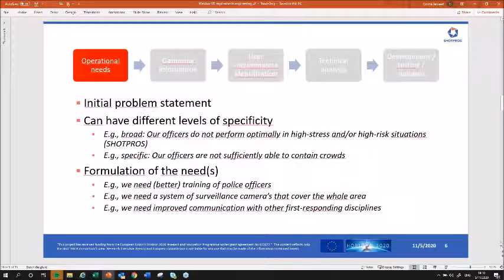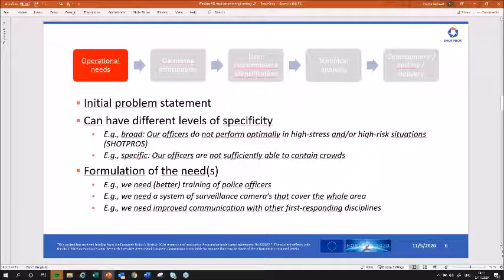So the first step in the user requirements process are the operational needs. So what do we consider to be operational needs? It starts from an initial problem statement. So people encounter some issues in the field, for example, and they can be quite broad, but they can also already be quite specific.